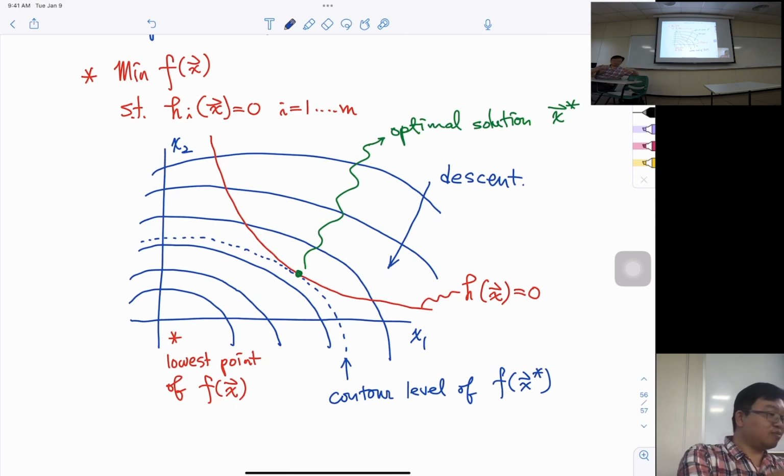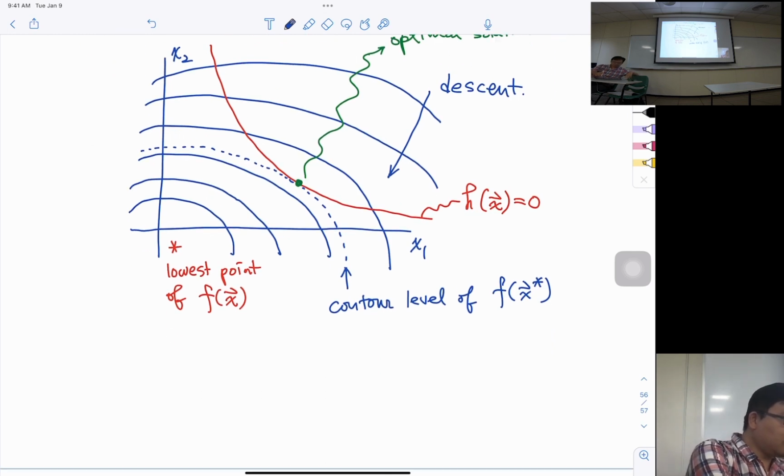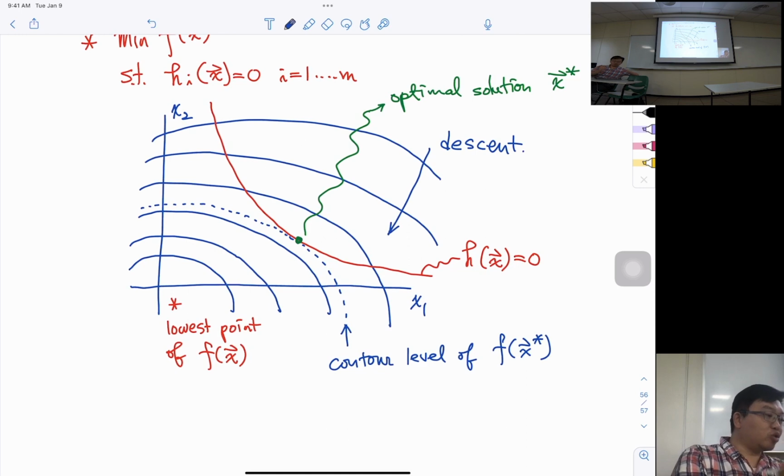If you pick a different solution point on the red curve, the function value of that additional point will be higher than f of x star, right? So by observing the red curve and the dashed blue curve, you realize their gradients are parallel to each other. The gradient usually is perpendicular to the function contour itself, and in our case, the gradient is going up.